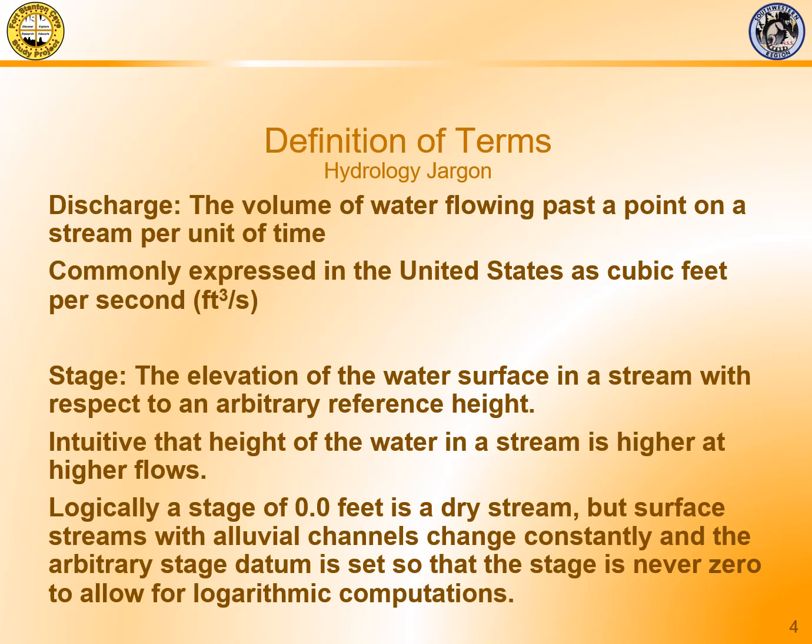And finally, the zero datum in the stage is set so that the stage is never zero. It's always a positive number, because sometimes we use the stage in logarithmic calculations, and we don't want to try to take the log of zero. You can't do that.